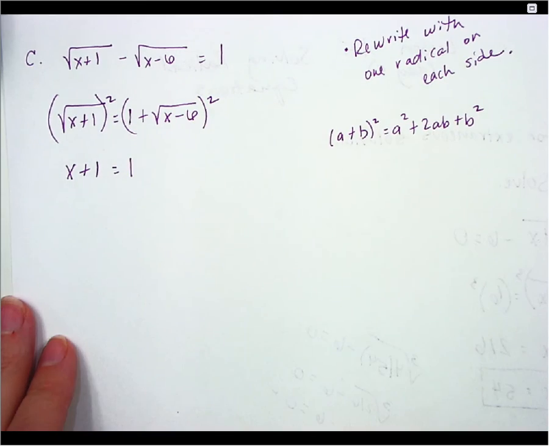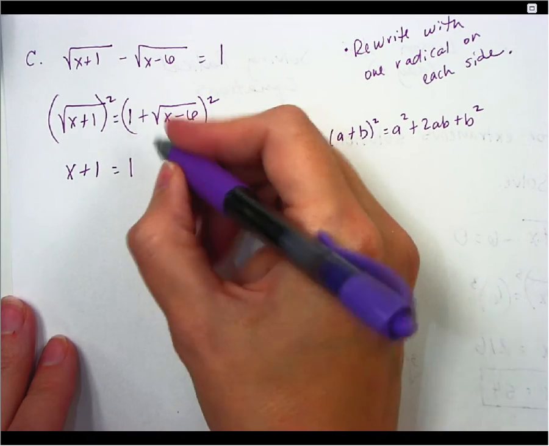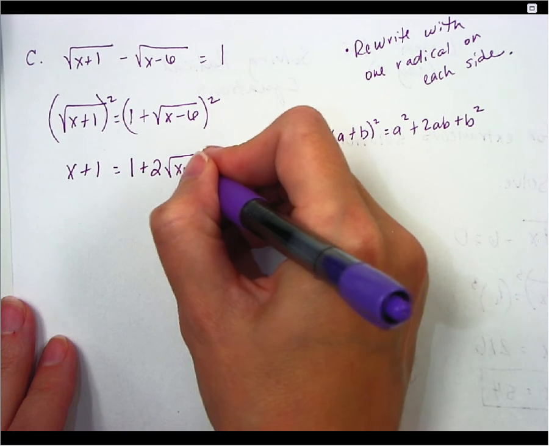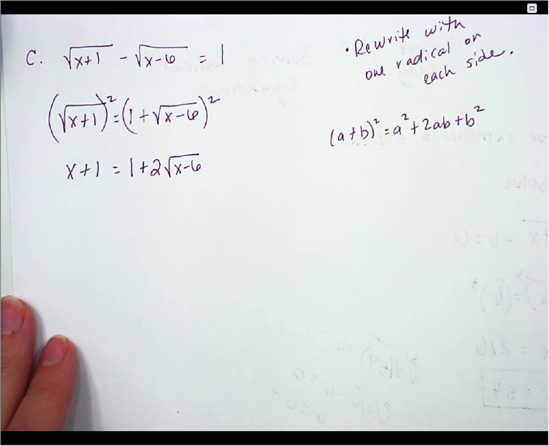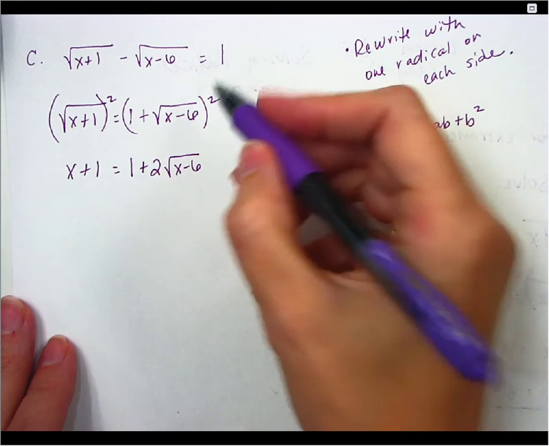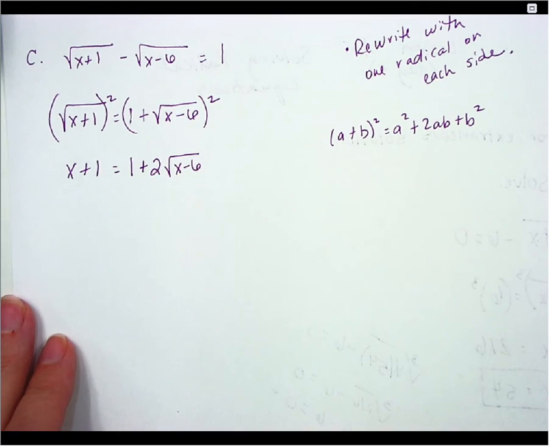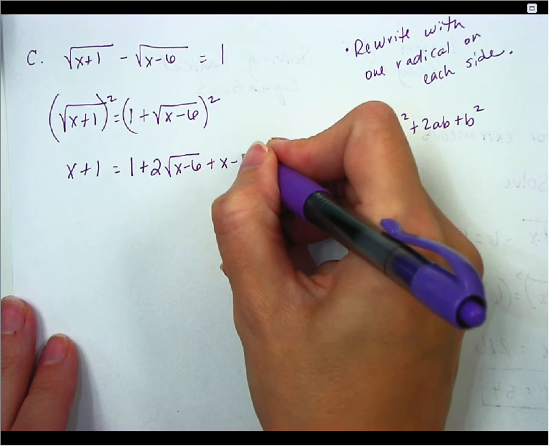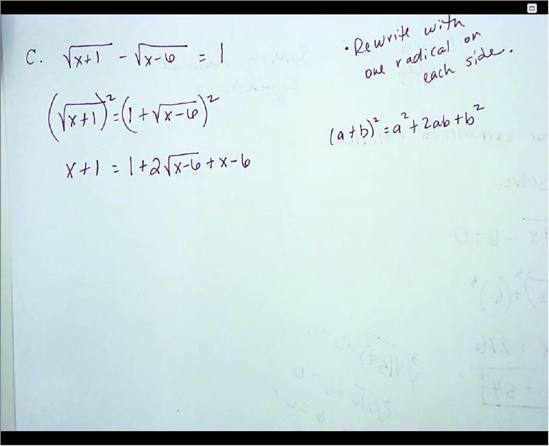I'm going to multiply these together and multiply by 2. So that's going to be 2 square root of x minus 6. And then I'm going to square the second one. So when I square the square root of x minus 6, that just leaves you with x minus 6. So take a second and look at that. It's kind of weird.